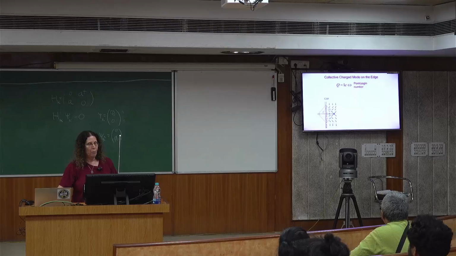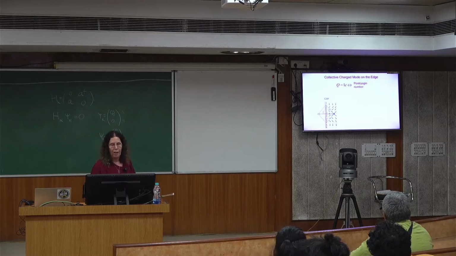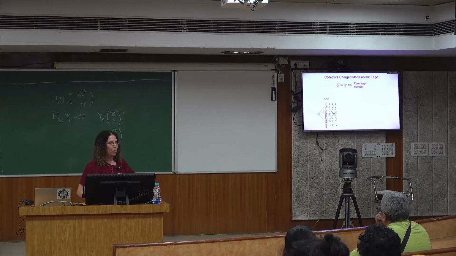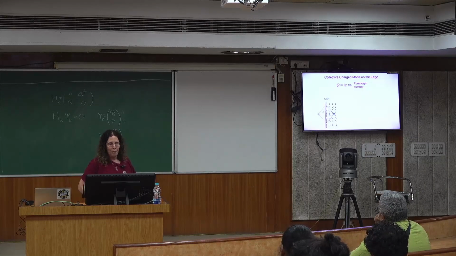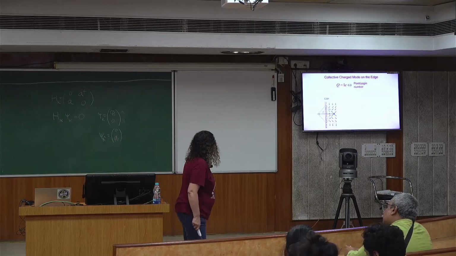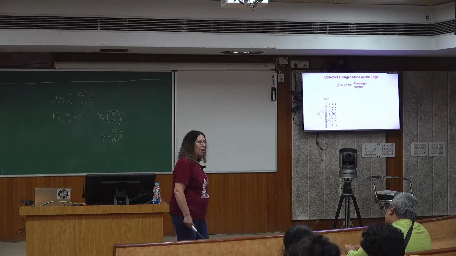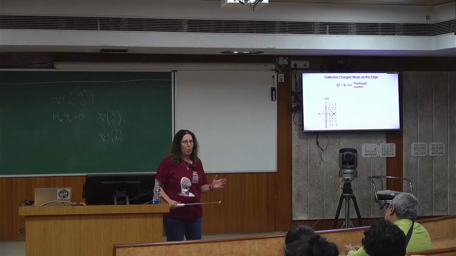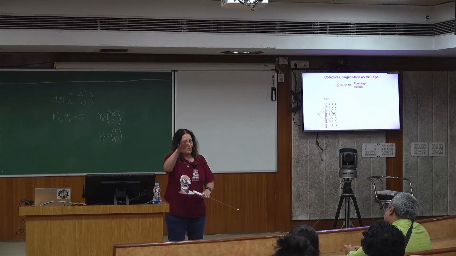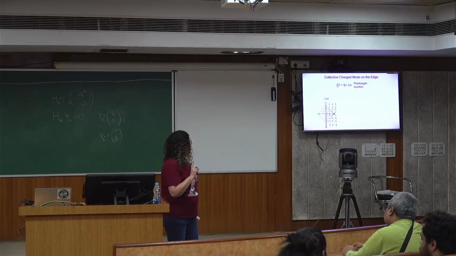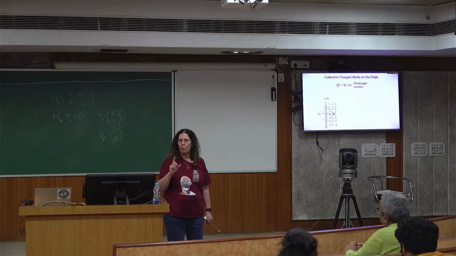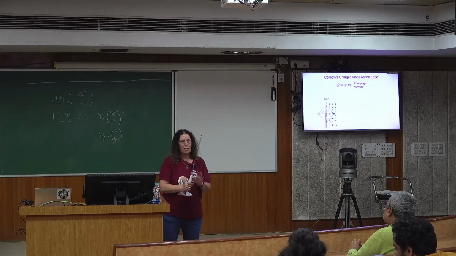So, what we found is, and I really don't have time to explain it, if any of you want, you can come to me in private. But in the canted antiferromagnet, the edge state is a modification of the domain wall state we discussed before, with a very important correction.